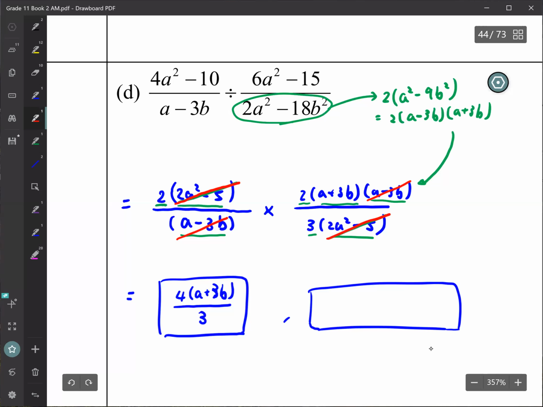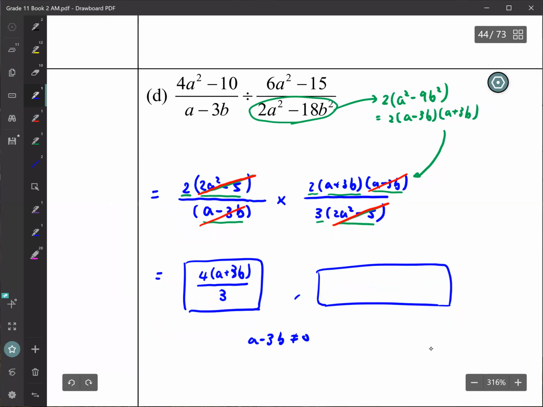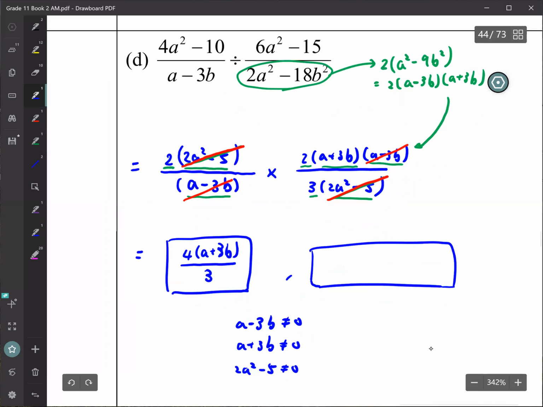Jason, for the restriction, is it a take away 3b cannot equal to 0? Mm-hmm. A plus 3b cannot equal to 0? Mm-hmm. And then 2a squared take away 5 cannot equal to 0? Yeah. And then I think that's it. Yeah, this is the beginning, right? Remember, if you have 2 letters, what else do you need to do?